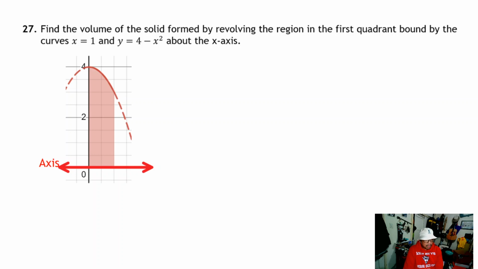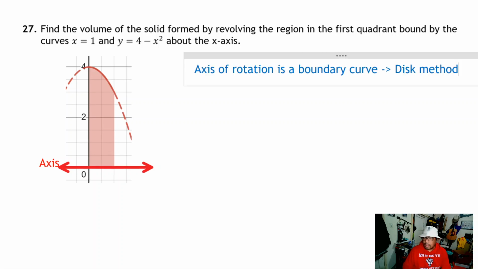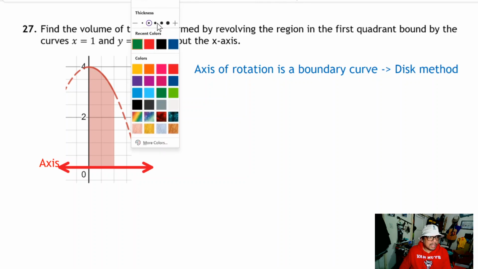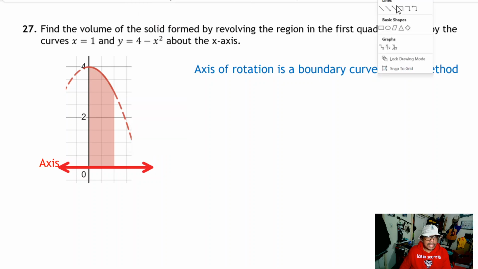The other thing I want to notice is that the axis of rotation is a boundary curve, so this is going to be a disk method. Okay, so let's draw our lines. Let's use green for our radius.